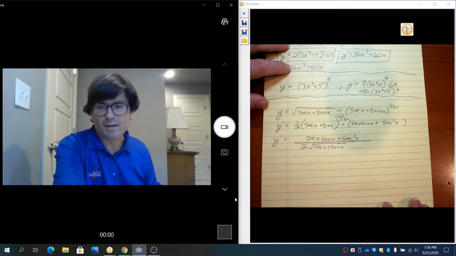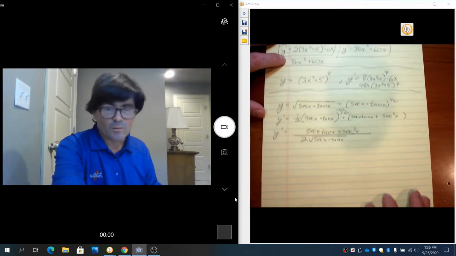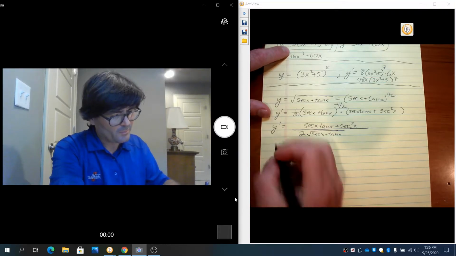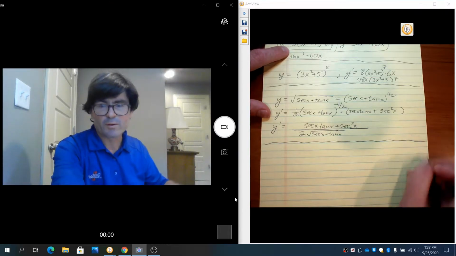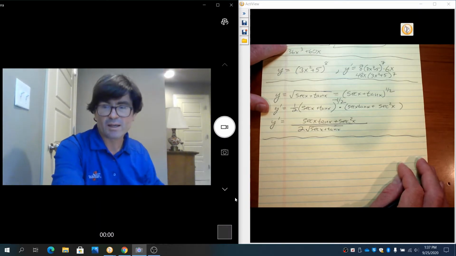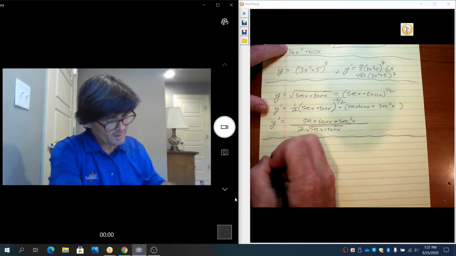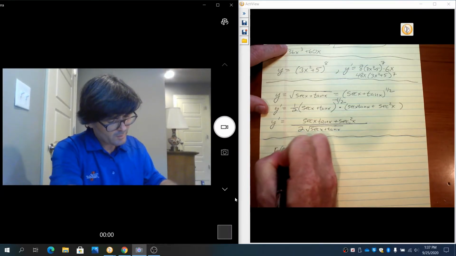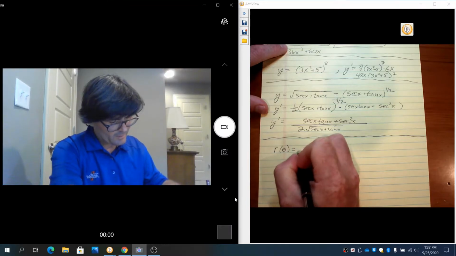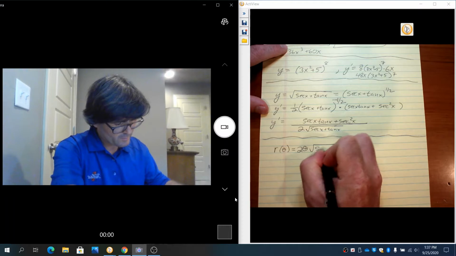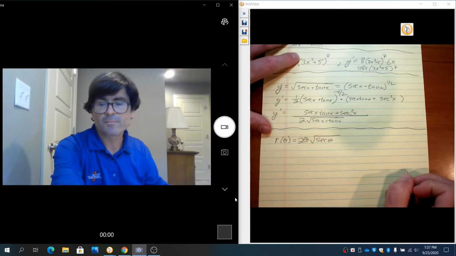Sometimes you'll have a nested chain rule, and sometimes you'll have the chain rule combined with other rules. So before we do a nested chain rule, let's just look at one where we have the chain rule combined with other rules. I'm going to do r of theta is 2 theta times the square root of secant theta.